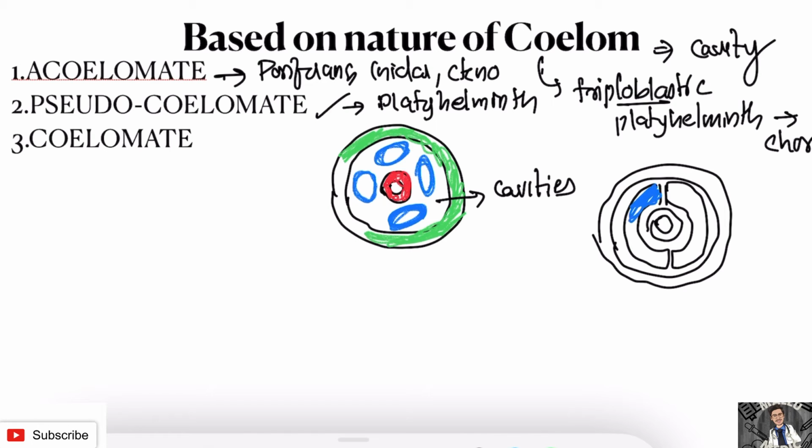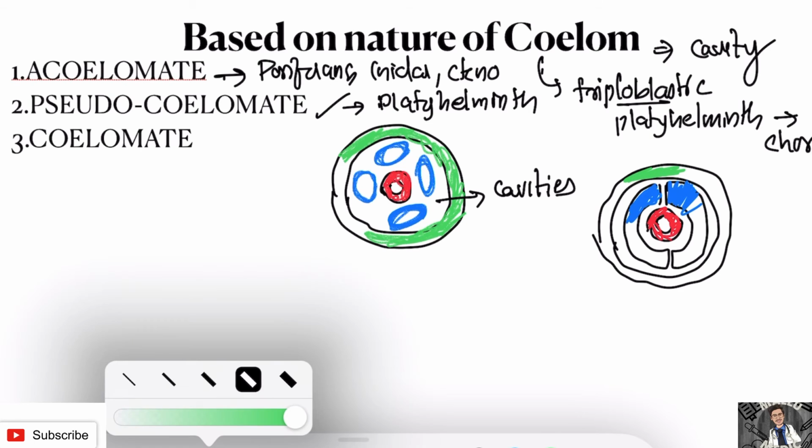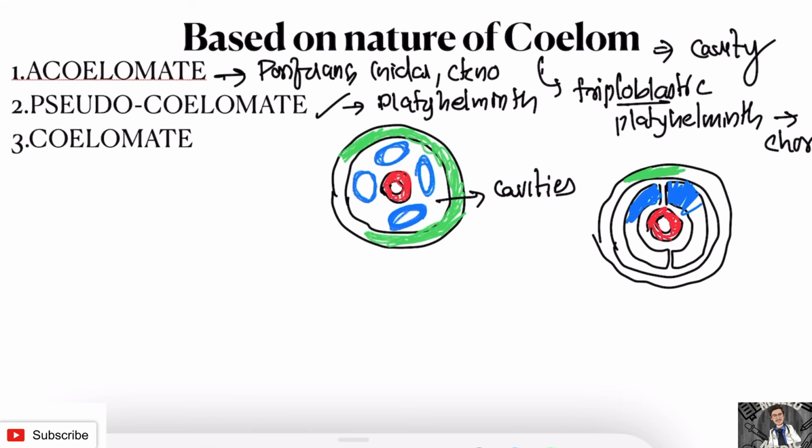Okay, I'm not coloring it fully in order to save some time. I'm just giving the notation in colors so that you can differentiate. So this is the coelomate condition.